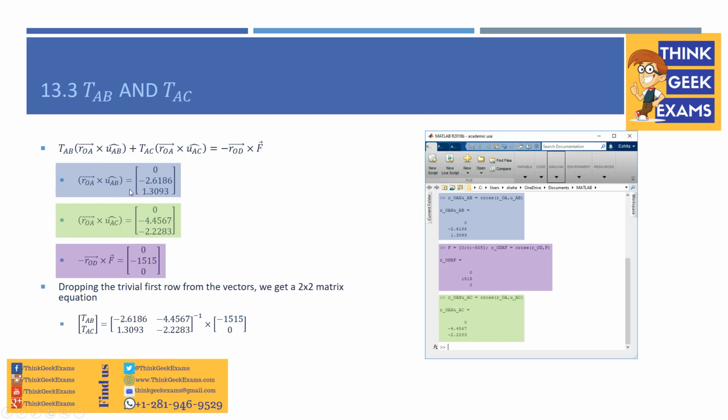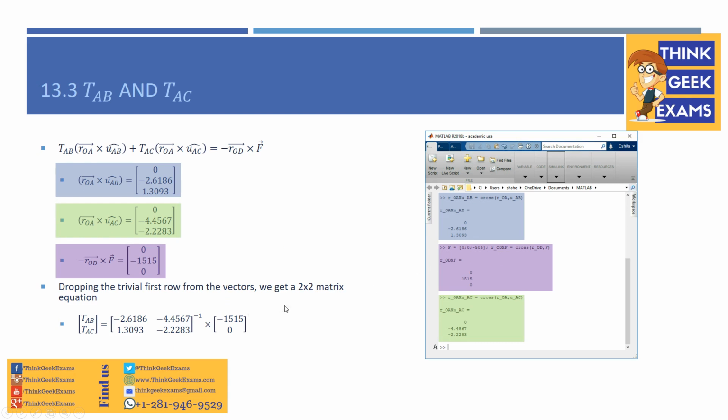So those numbers are calculated in Matlab over here. Our ROA cross UAB is this one. ROA cross UAC, that's this one. And our ROD cross F, that's this one. All these numbers I just got from here, and this is negative ROD because there's a negative sign over there. I calculated the positive and I wrote down the negative here because I need the negative here. So that's how you calculate that.